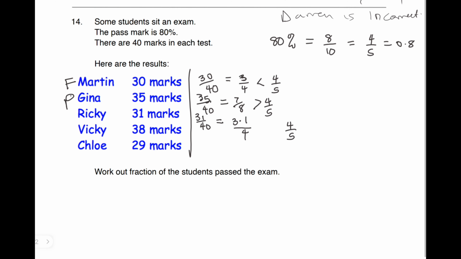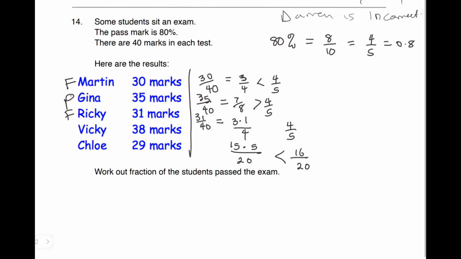So all we have to do is to multiply both numerator and the denominator by 5. So 3.1 multiplied by 5 is going to give us 15.5 over 20, and 4 times 4 is 16, and 4 times 5 is 20. So without much stress, that implies that Ricky failed, as 15.5 is less than 16.